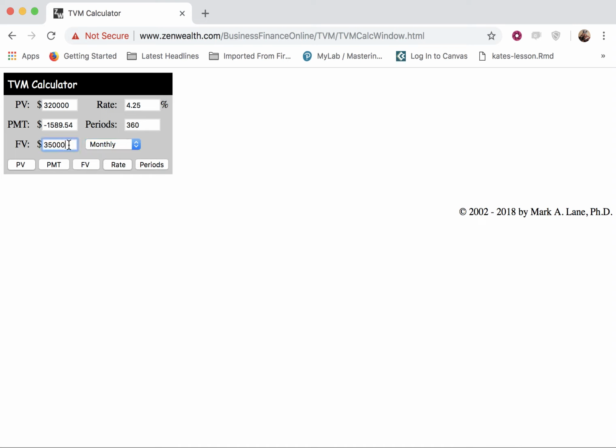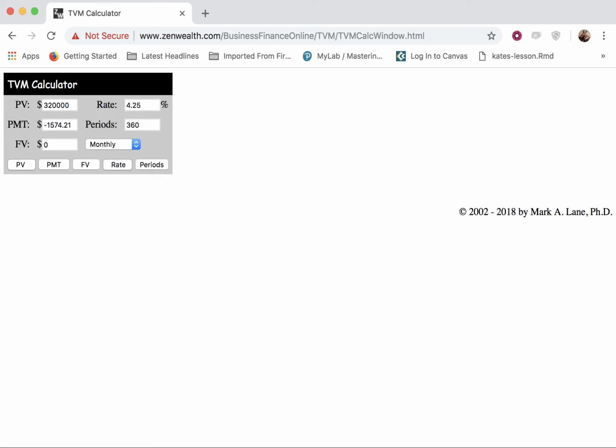Your future value on every loan hopefully is 0, so hopefully you're going to get to the point where you owe nothing on this mortgage. We're going to change that to 0. And then you want to know what your payment would be, so you click on payment down here. You find out your payment is $1,574.21. Again, it's negative because it went away from you.